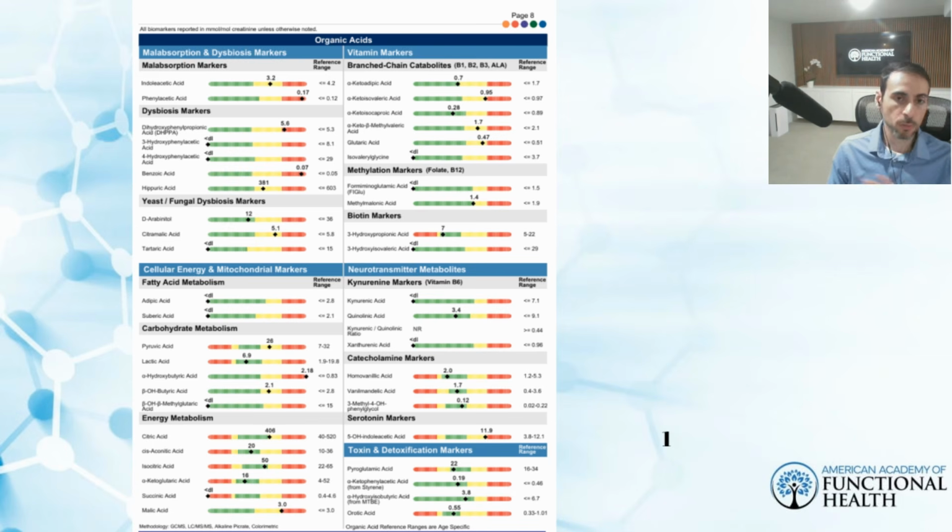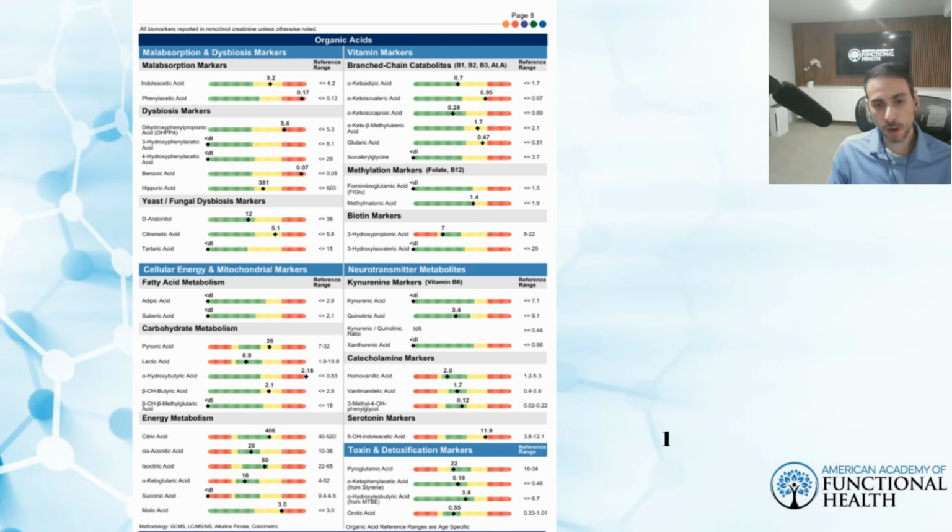Of course, we're not going to address all of them because then we'll be here for a few hours. As a note, the key biomarker here, and this is something that the labs don't typically tell you, is D-arabinitol.